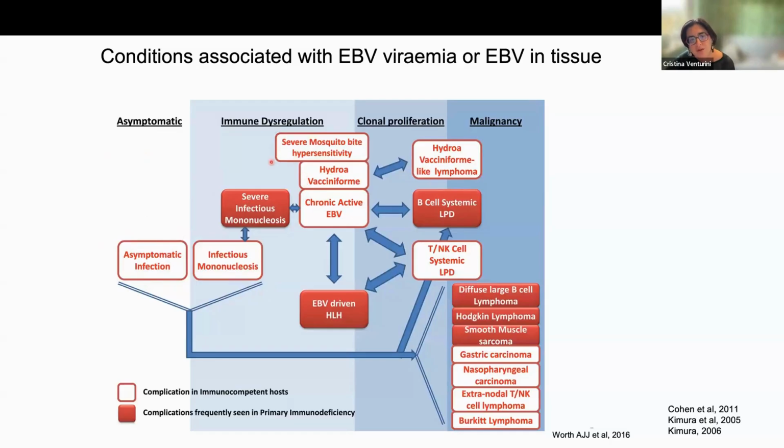Then we have situations of immune dysregulation, which can lead to conditions like chronic active EBV or other types of NK and T cell lymphoma. We also have other types of malignancy like B cell lymphoma and Hodgkin lymphoma, and other malignancies that can also happen in immunocompetent hosts.